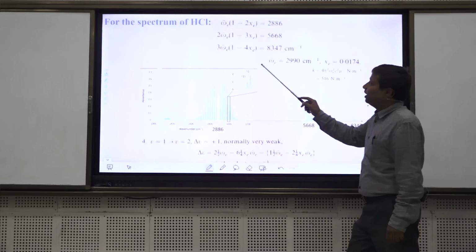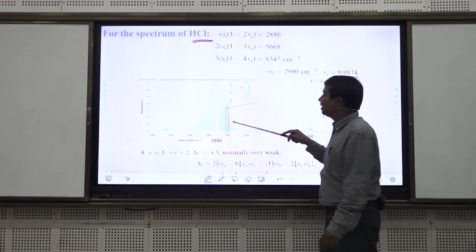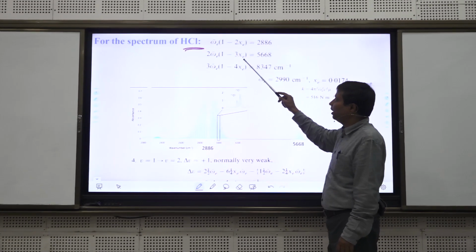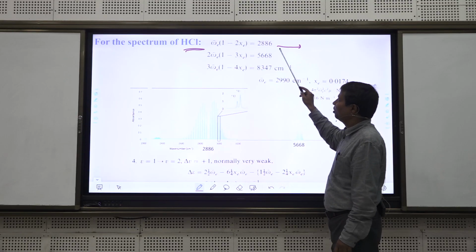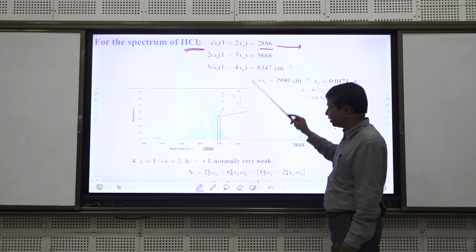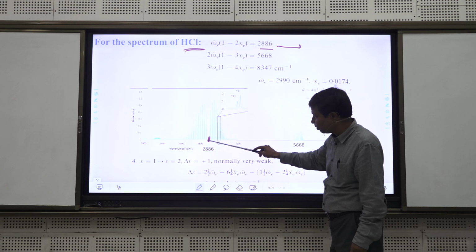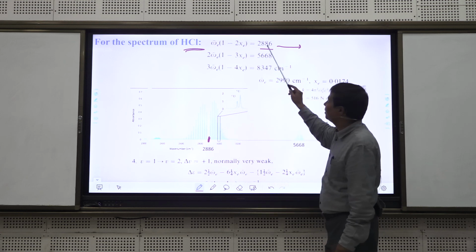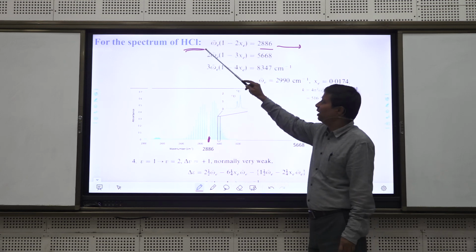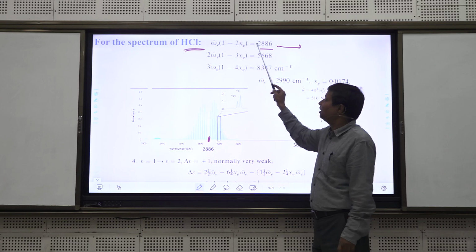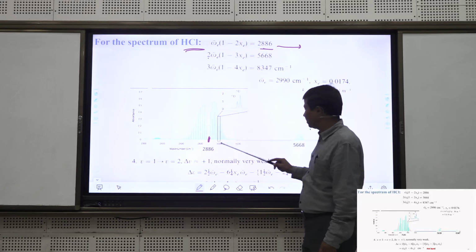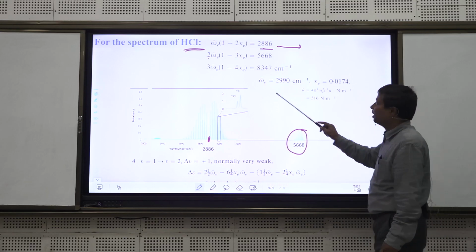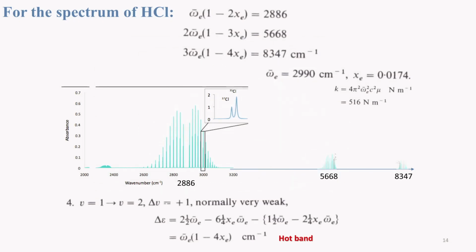Say for HCl, with that data we can calculate: the first band, the strongest band, comes at 2886. So the expression was omega E 1 minus 2xc, so 2886 is equal to that. The second band comes at 5668.